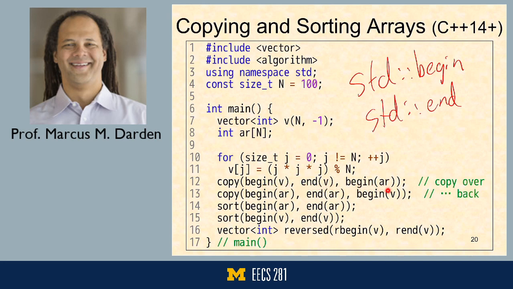However, before I was using just R. What begin is going to do for me is get me an iterator that's going to shadow this C-style pointer, right? And because I am in scope where this thing is declared, which has to be done inside the scope, I can actually call end on R. What end on R is going to do is give me an end iterator equivalent to where the C-style pointer R stops.